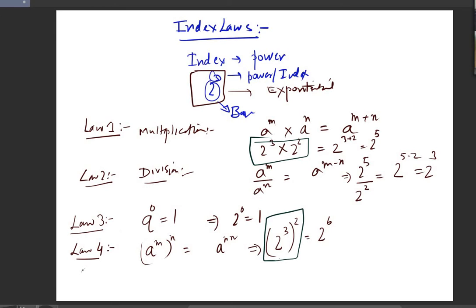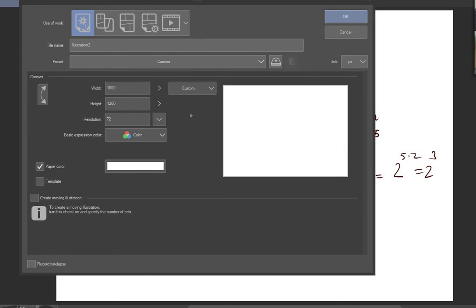Now, law 5. If you have two numbers multiplied together, so basically one factorized base, raised to the power of an exponent, you can separate them out.